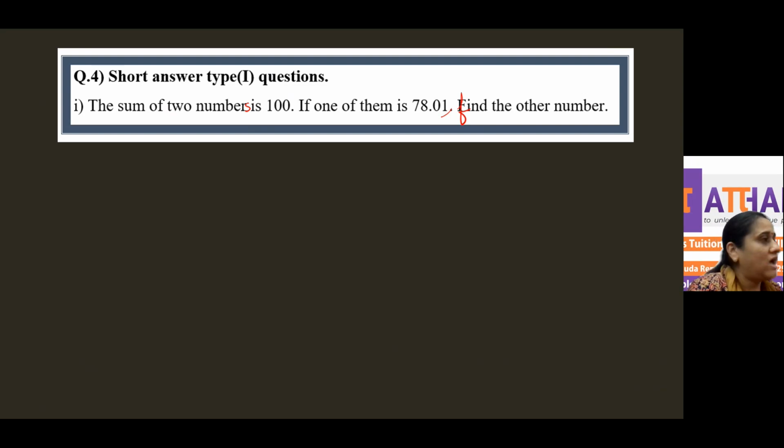The answer is 100 minus 78.01. You should just subtract because the sum of two numbers is given and one number is 78.01. So the other number will be 100 minus 78.01. Do it, subtract and tell me the answer.